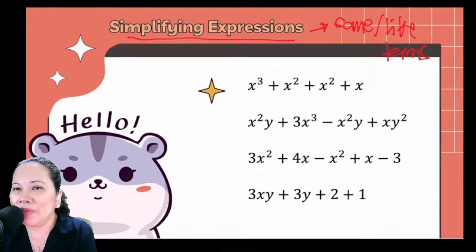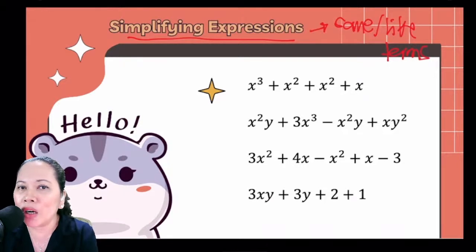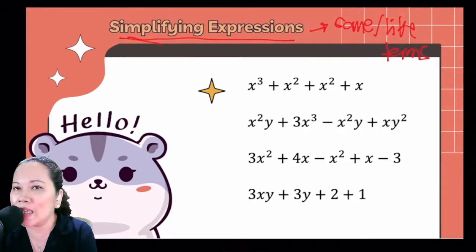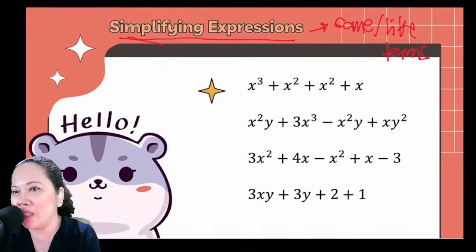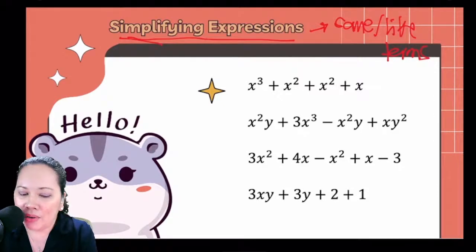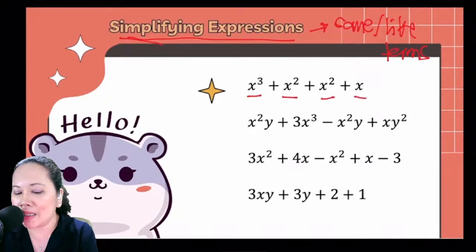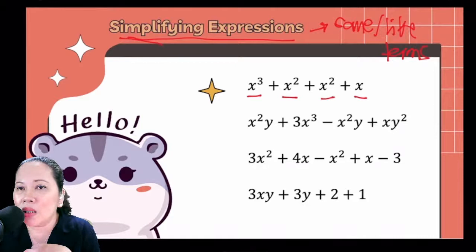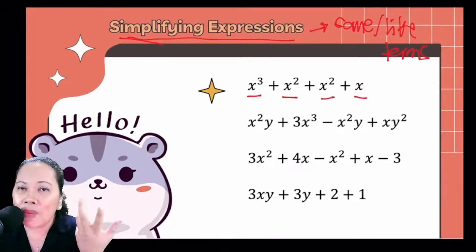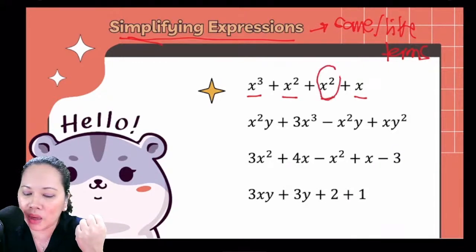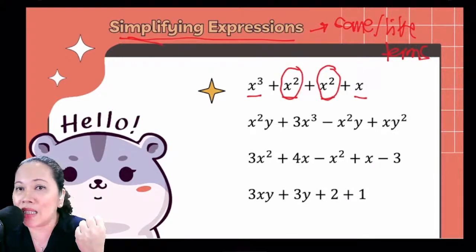Okay, so simplifying expressions is mostly about like terms. When the question states to simplify the expression, you have to simplify it by combining like terms. For example, if you have x cubed plus x squared plus x squared plus x, you have to check what are like terms. Like terms are terms that have the same degree of exponent in a variable. So in this case, it's only x squared and x squared that are the same.